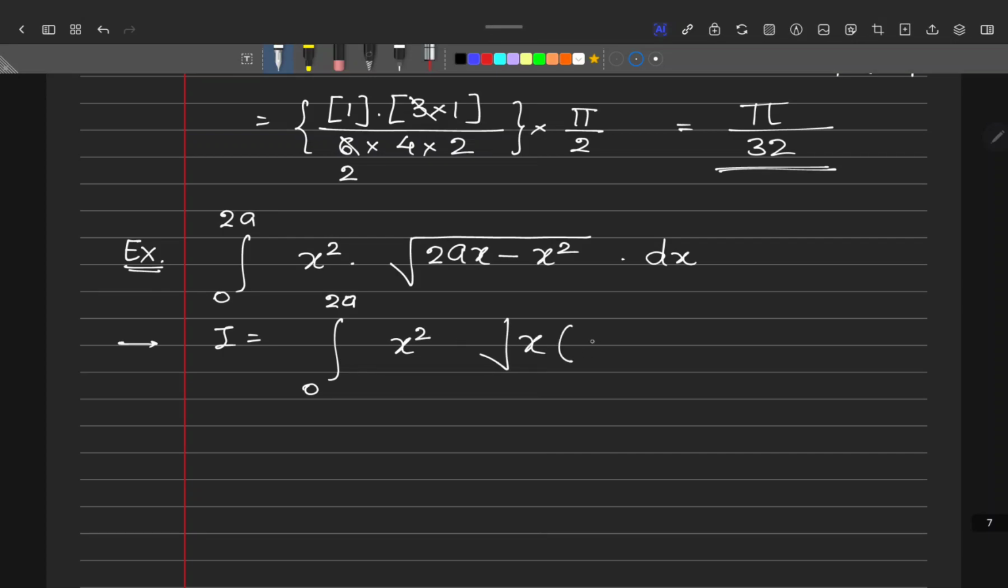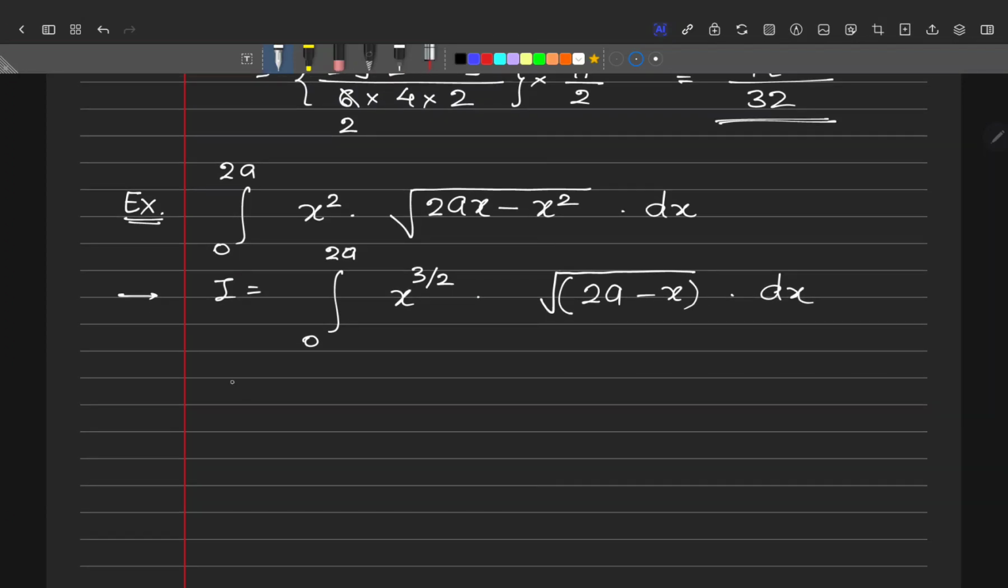We can take x common from this term, so what do we get? It is 2a minus x into dx. We can separate this square root term like this. Since the base is the same, the indices will be added, so 2 plus 1 by 2 will be this power.